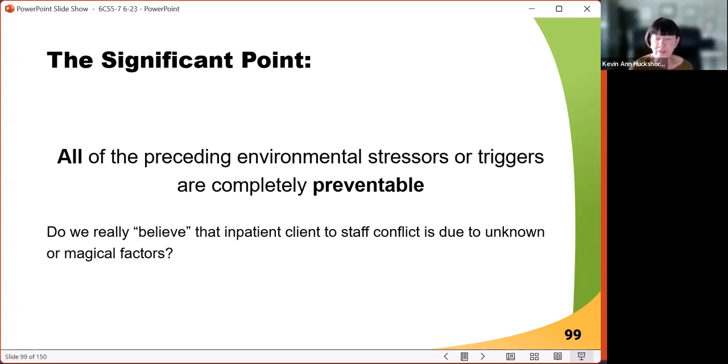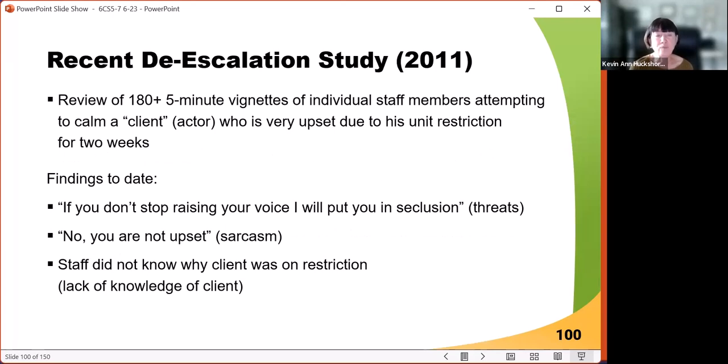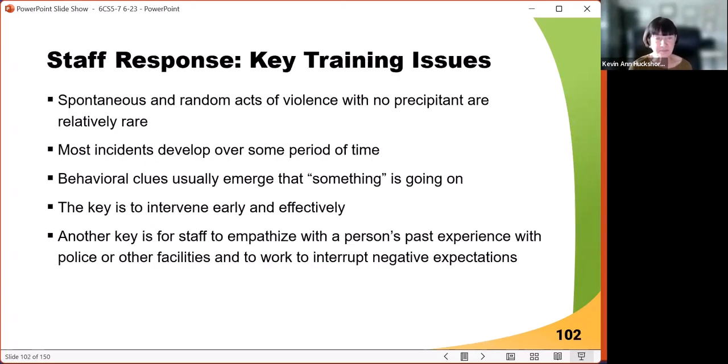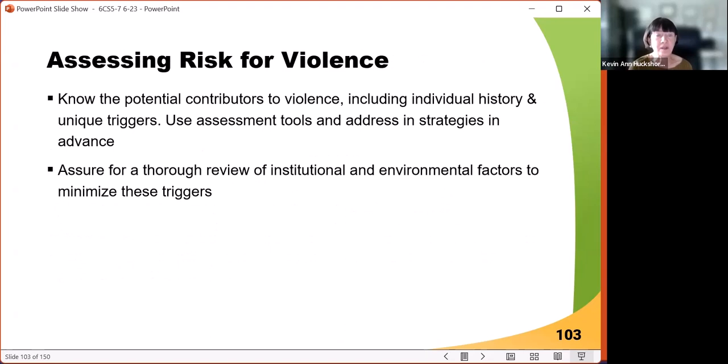We really need to stop believing that inpatient conflicts are due to magical factors or are all the patient's fault, because they're not. And we can do a lot to prevent these things from happening. Next slide. We can skip this. Next slide. Next slide. Okay.